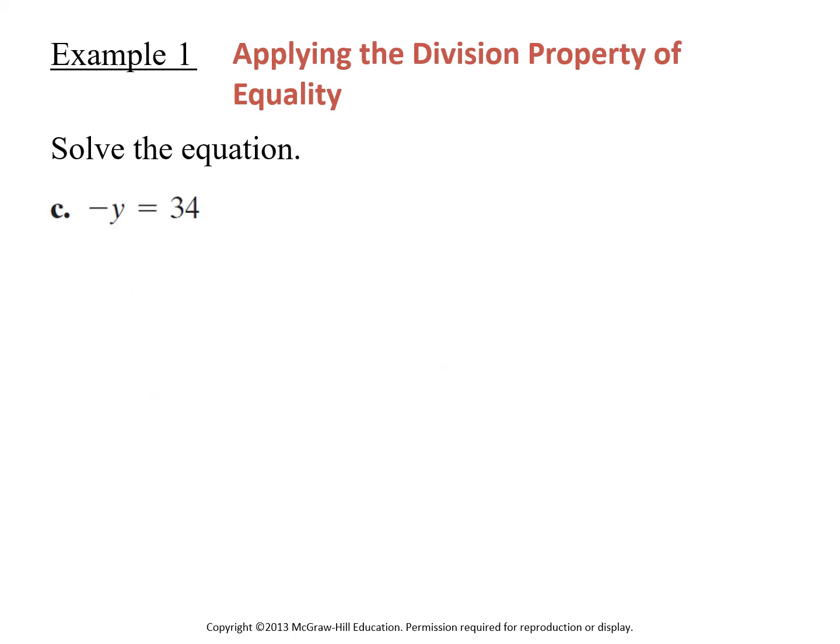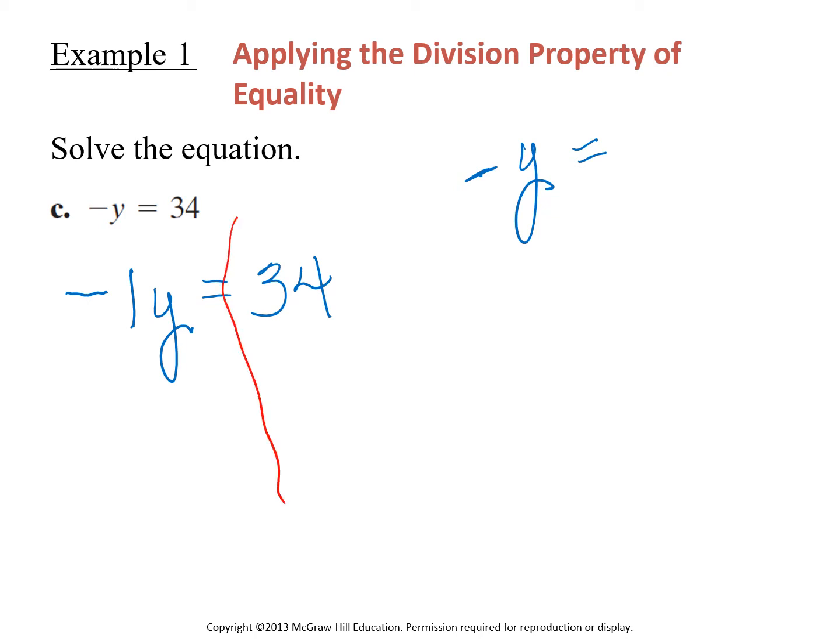My next equation, negative y equals 34. So my goal is to find out what y is equal to. And I have this negative sign sitting there. So what I'm going to recognize is that it is the same as negative 1y equals 34. So to eliminate this coefficient, I'm going to divide both sides of the equation by the coefficient negative 1.